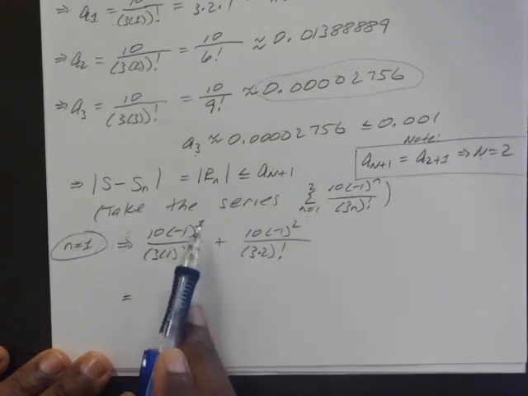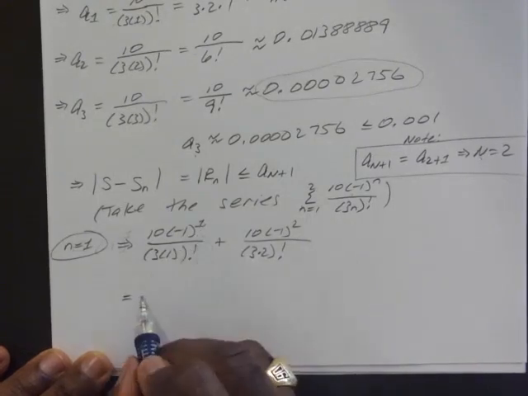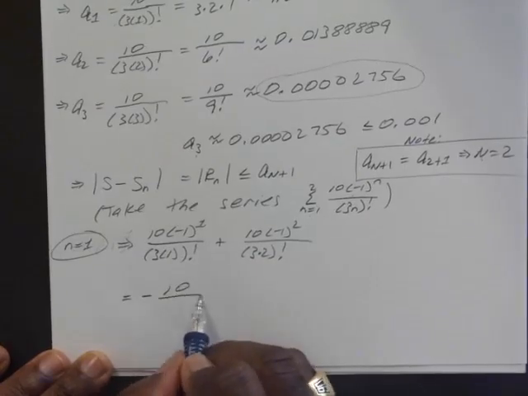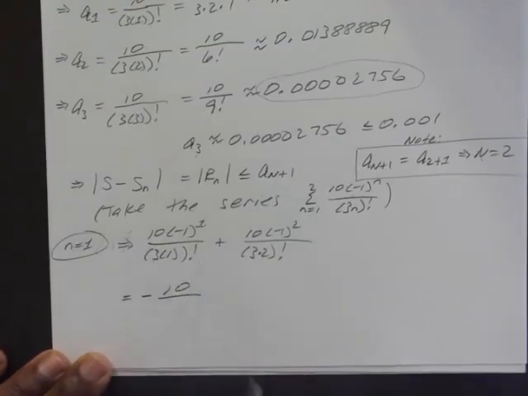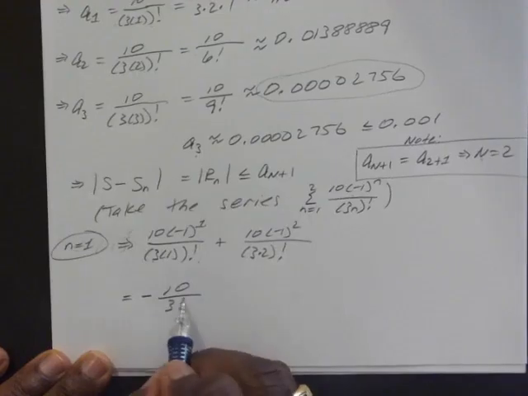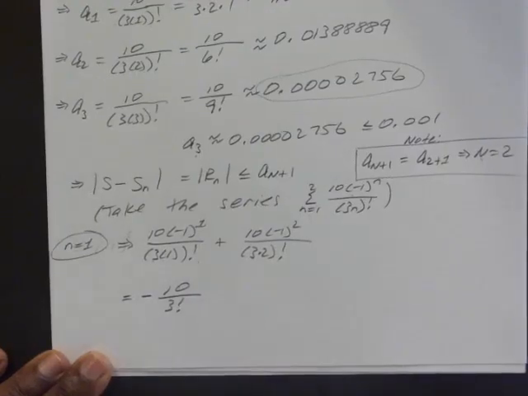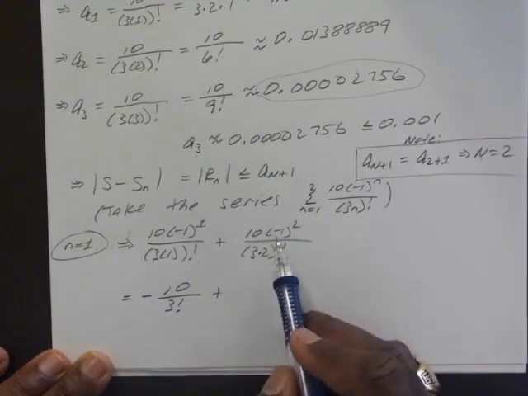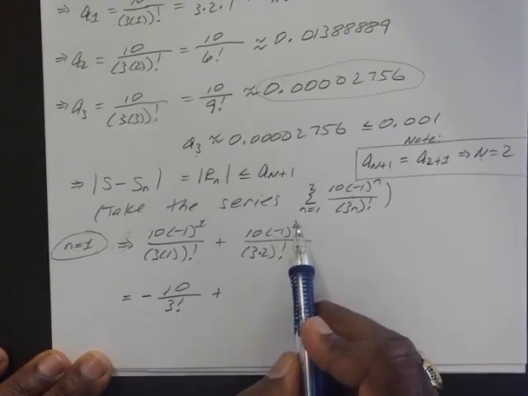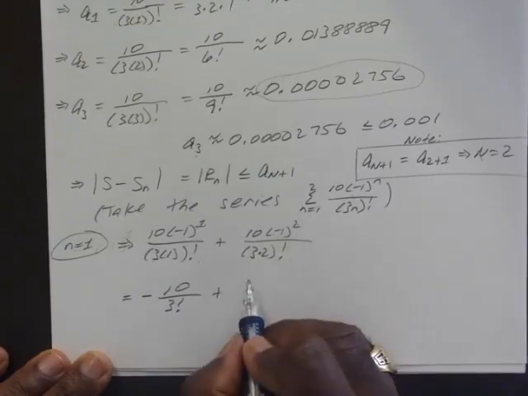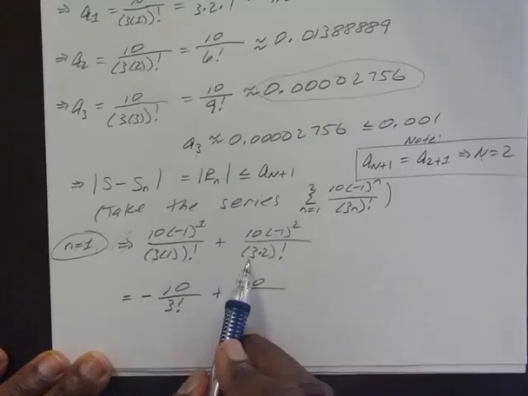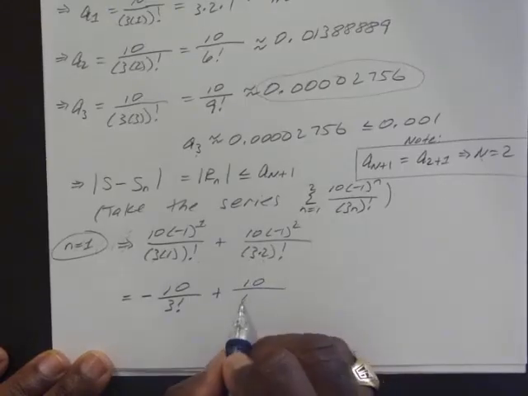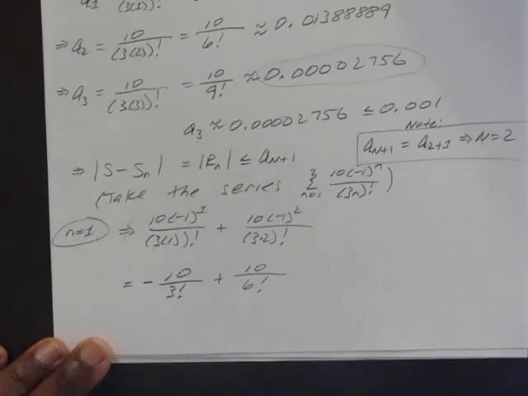Okay, so negative 1 to the first power is negative 1. So that's negative 10 divided by 3 times 1, which is 3 factorial. Plus negative 1 squared is positive 1, so 10 times 1 is 10 divided by 3 times 2 factorial, which is 6 factorial.